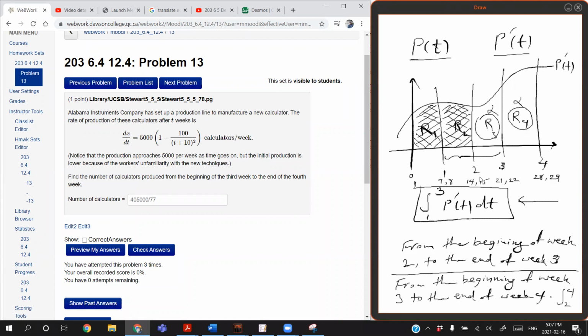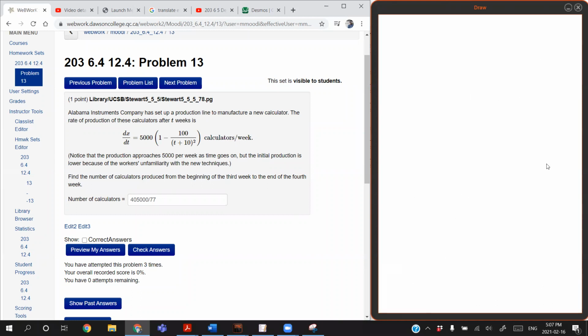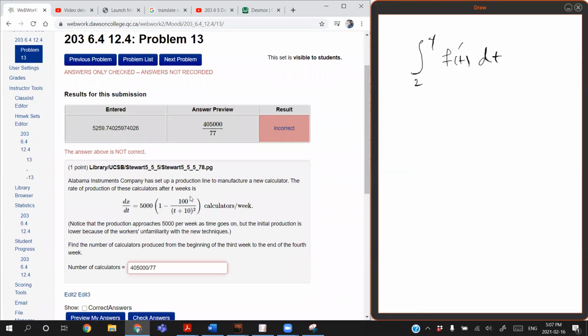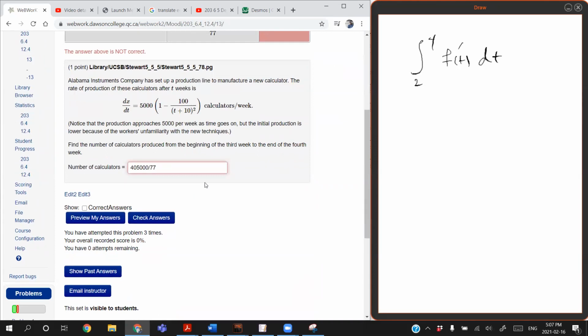So the bounds of the integral have to be from 2 to 4. So for this problem, you're looking for the integral from 2 to 4 of whatever function you have, f of t, which is the derivative of the production function, dt. And I did that, I used the 2 and the 4, and I got the right answer. So I checked my answer, that was good. Nope, I did not enter the answer.